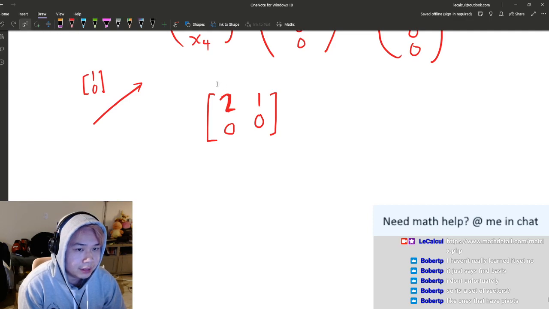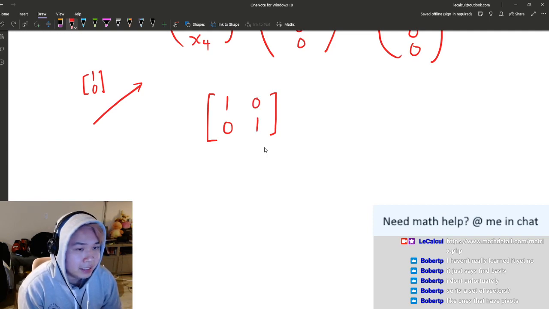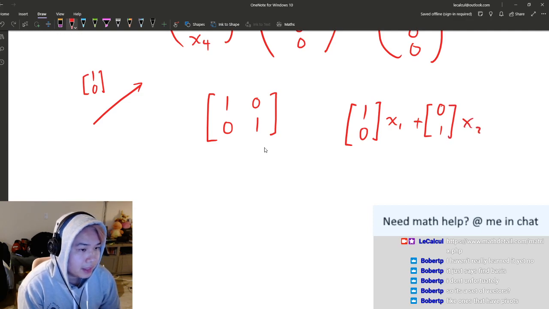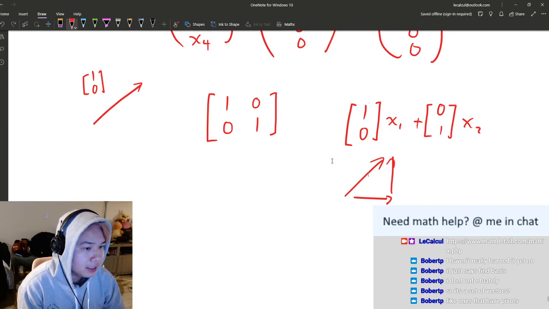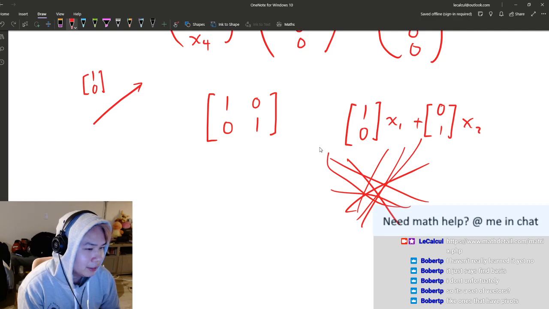Whereas if they were linearly independent, this implies that you can add any multiple of these two vectors together, and because x1 and x2 are arbitrary, their vector sum is basically any direction on the plane, so it spans all of R2.